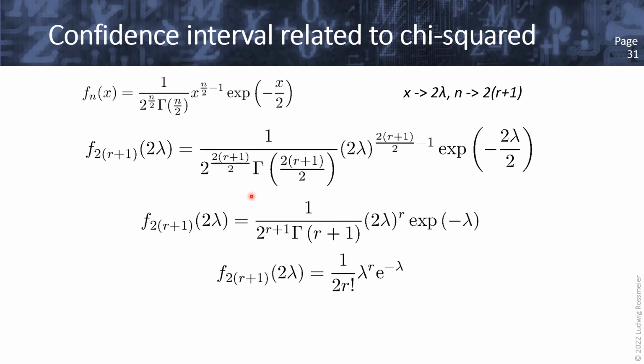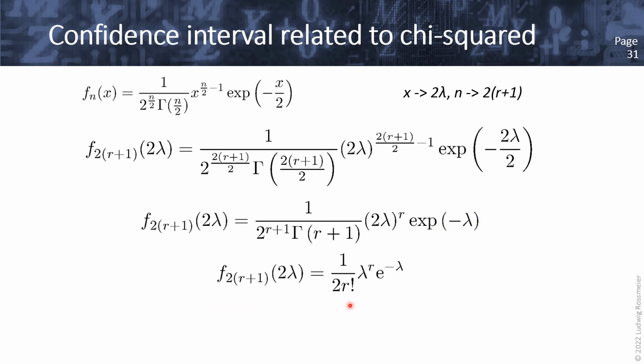That means on the right hand side, the 2 times and the divided by 2 will cancel. Here also. Here also. And the r plus 1 minus 1 will end up in simply r. The exponential here will be minus lambda.